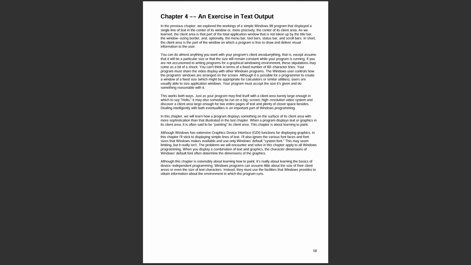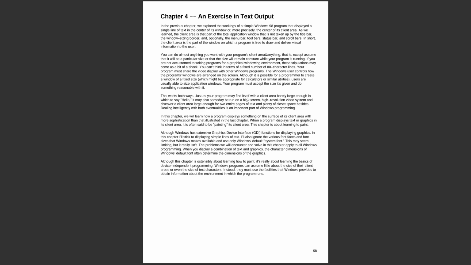Although it is possible for a programmer to create a window of a fixed size, which might be appropriate for calculators or similar utilities, users are usually able to size application windows. Your program must accept the size it's given and do something reasonable with it. This works both ways.